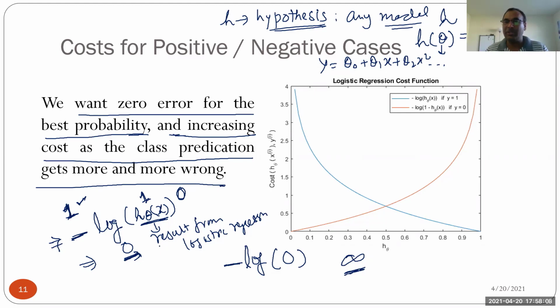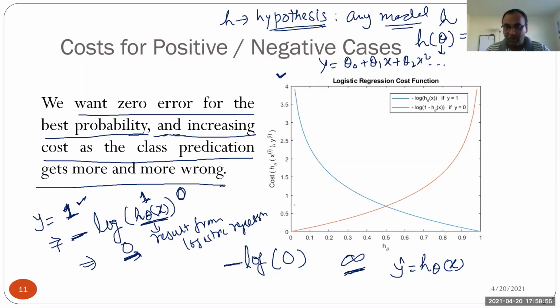So that is the intuition behind the cost associated with the data sample when we know that the data sample is positive, when y is equal to 1. And what is y hat? Y hat means what you're predicting, which is h theta of x. All right, fine. So let's have a look at how this is going. So h theta 0, this is what is being predicted.